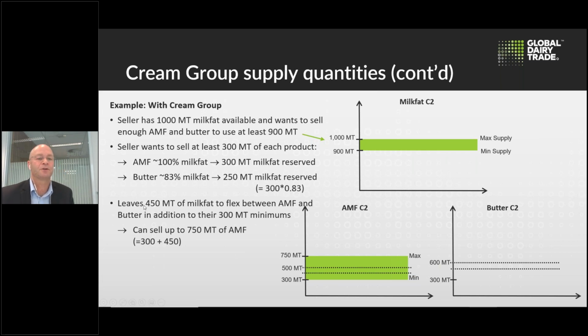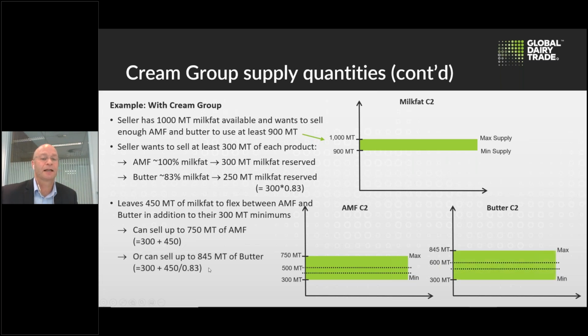450 metric tons, excuse me, of milk fat that you can shift between AMF and butter according to where demand is strongest. So it's possible then to sell up to 750 metric tons of AMF, because there was the 300 that we put aside, plus the additional 450 of milk fat that you could use all of that for AMF.